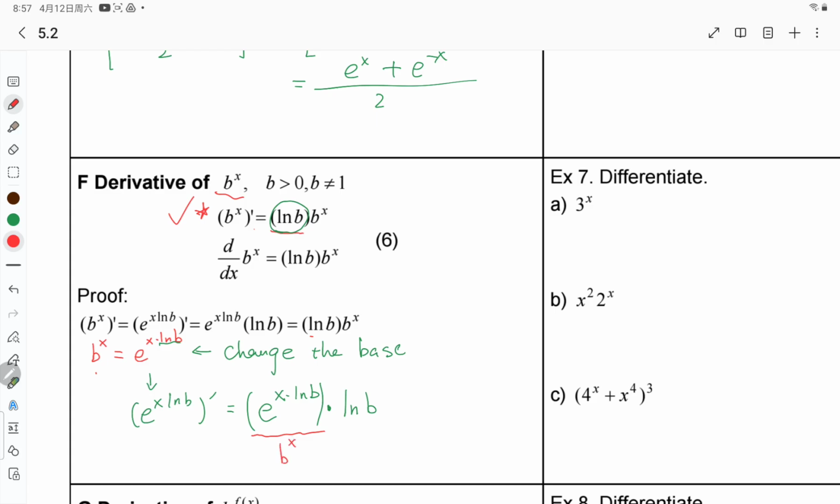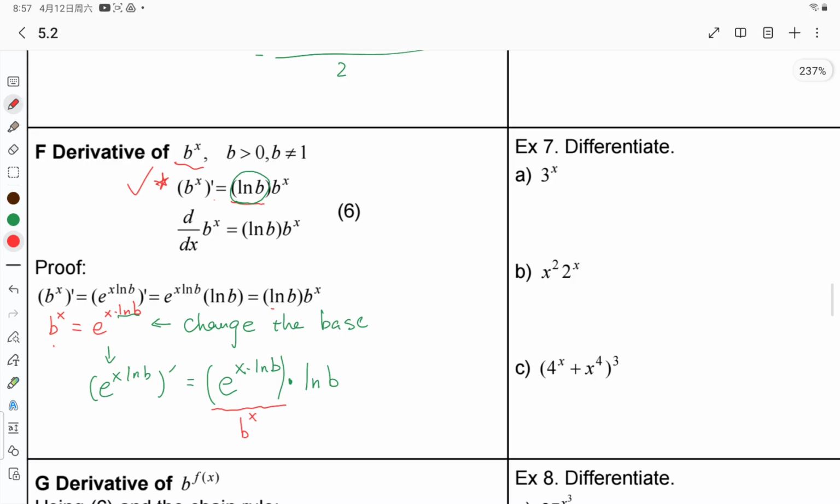So we just change base, and then use the derivative of the exponential of base e, and then we have our formula. This is similar to the formula of e to the x. We just need to multiply the parameter ln b, okay?